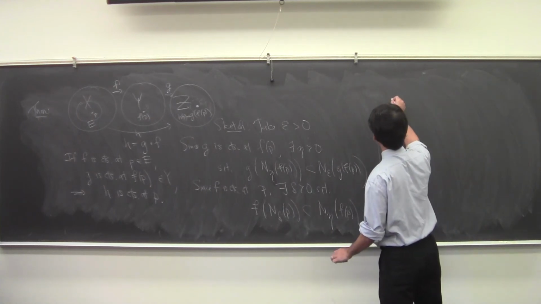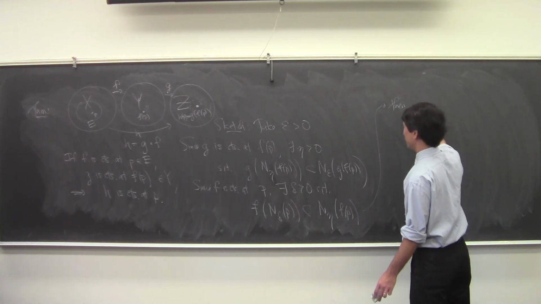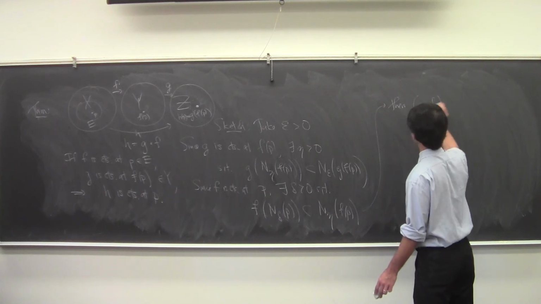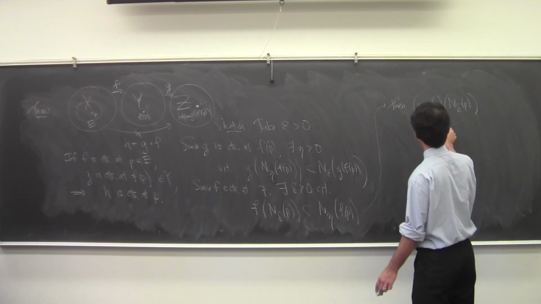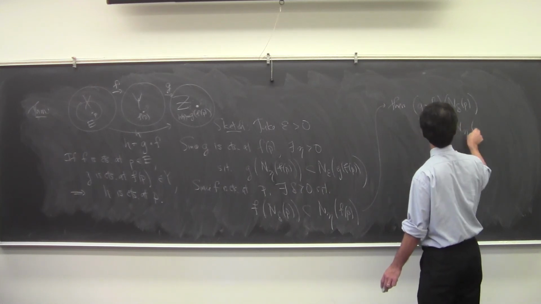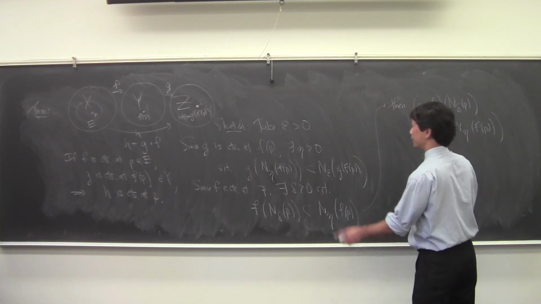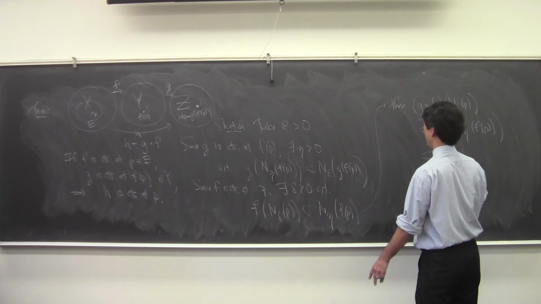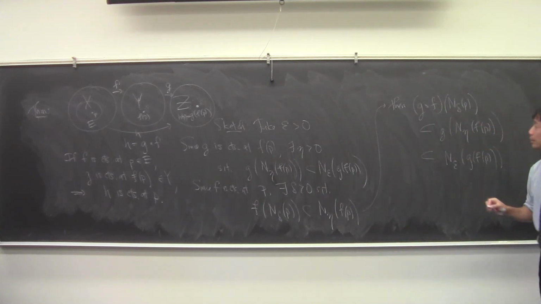But then, G of f of the delta neighborhood lies inside of G of the eta neighborhood, which lies inside of the epsilon neighborhood of G of f of P. Okay, so that's it.